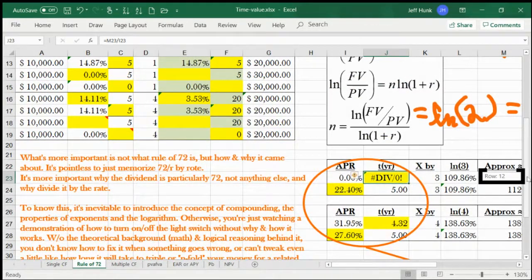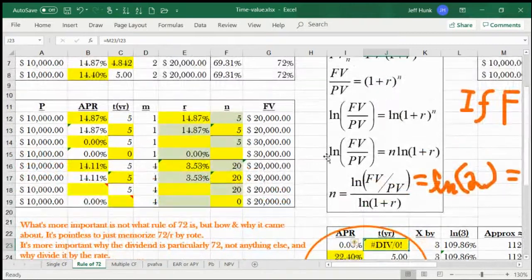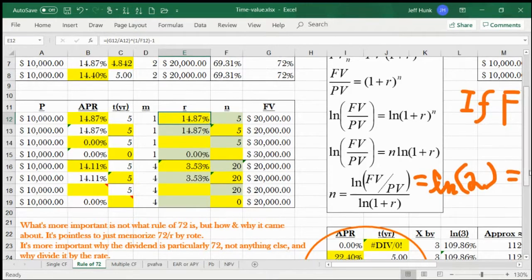Why? Because, think about it. Suppose doubling the money, right?